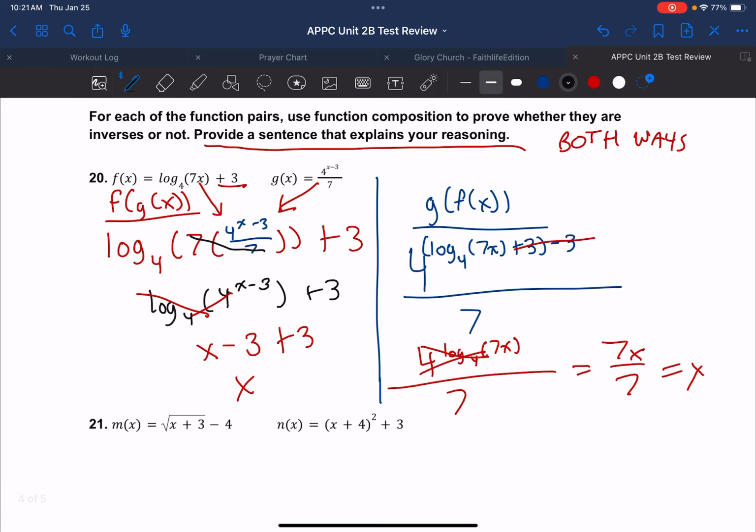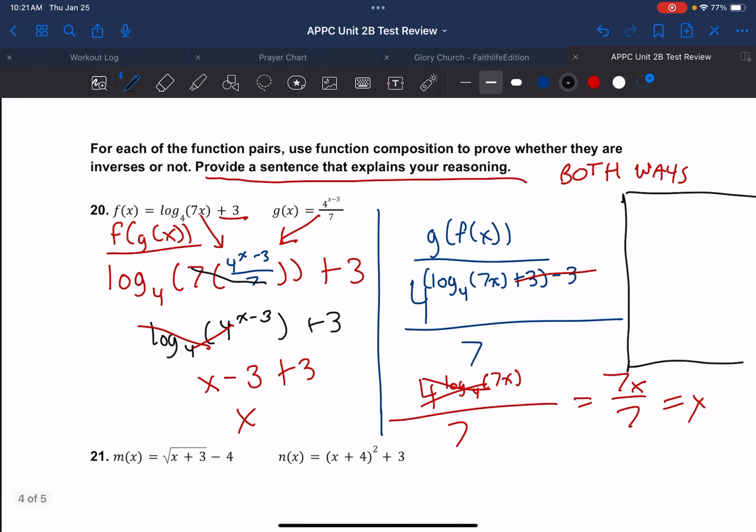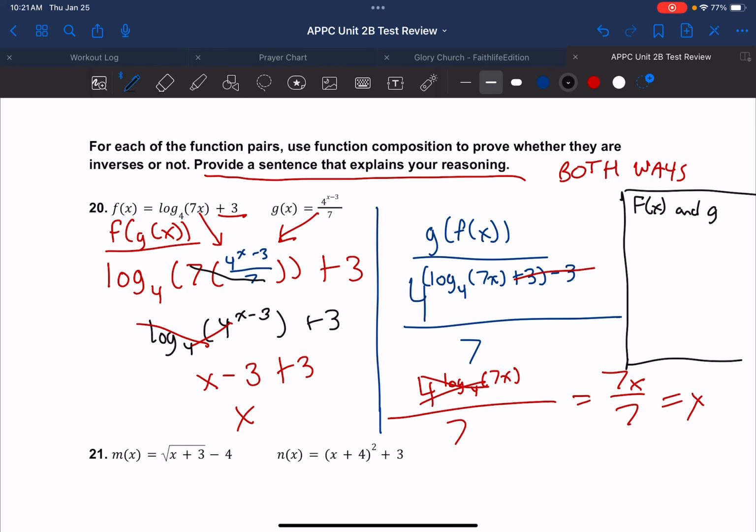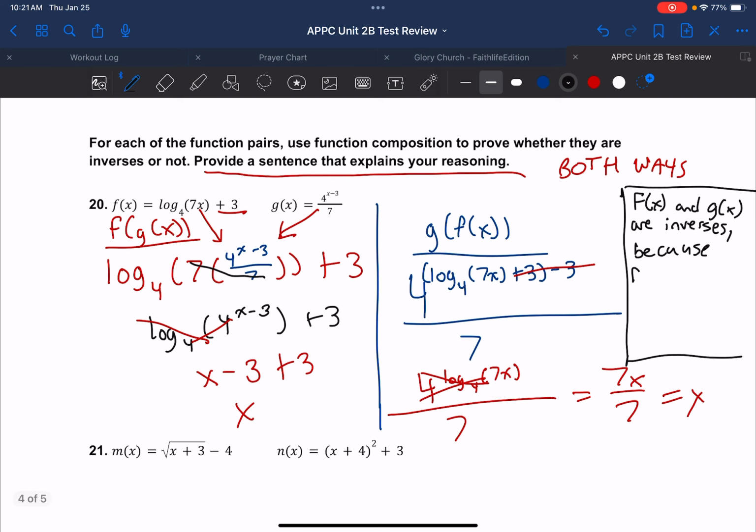So for this sentence part of this, which is really important, I would say f of x and g of x are inverses because function composition both ways yields x.